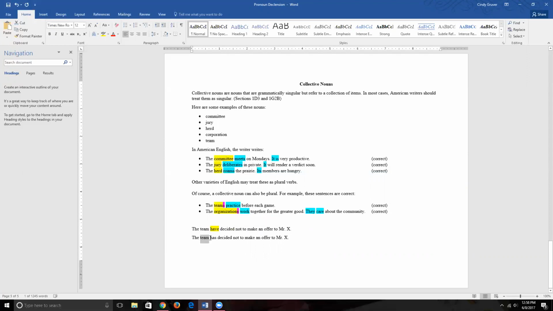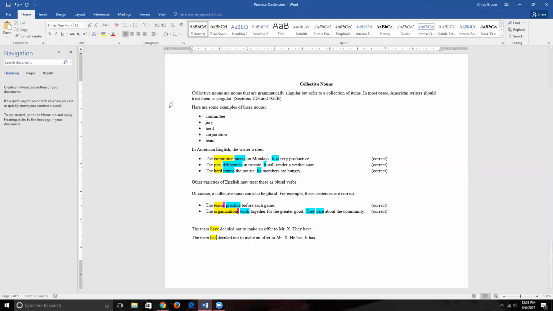Team is singular, therefore we're going to use a singular verb. We say they have, so do the British, and we say he has or it has. So has is singular, have is plural.